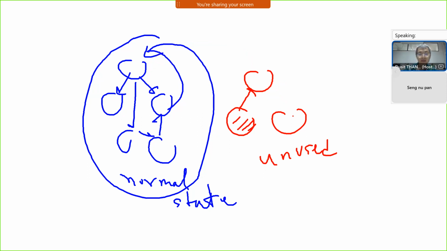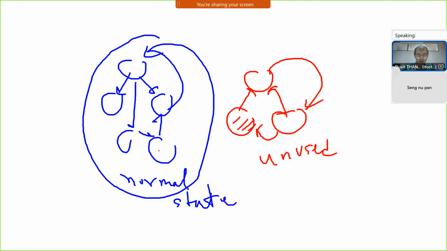But what happens if the next state of the unused state is something like this, not back to the normal group, not back to a normal state? The machine or the circuit cannot go back to normal operation, right?